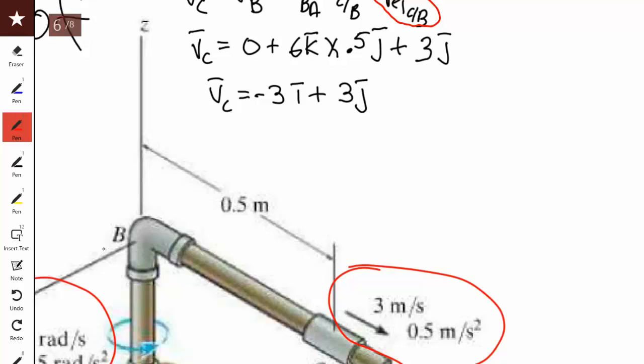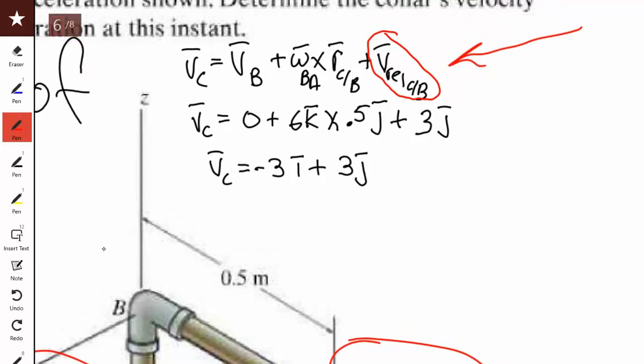So it'll be omega BA cross R. And here, this was done at an earlier time. This is going to go from B to C. So I kind of switched the notation that I've used from one semester to another. So this goes from B to C.